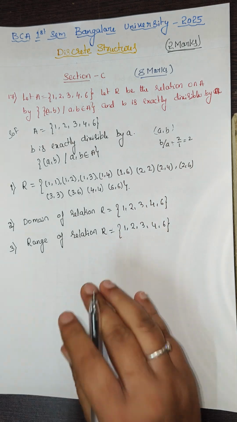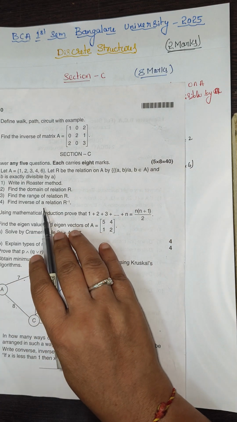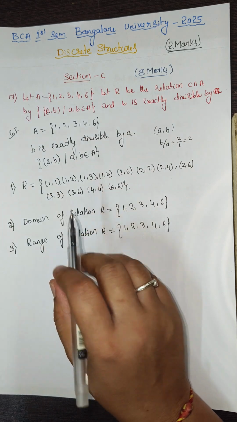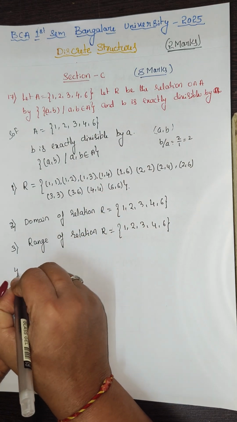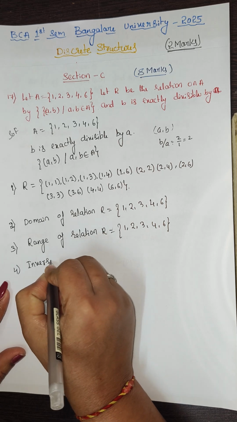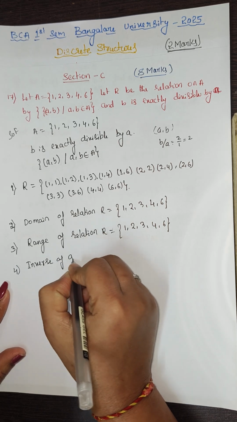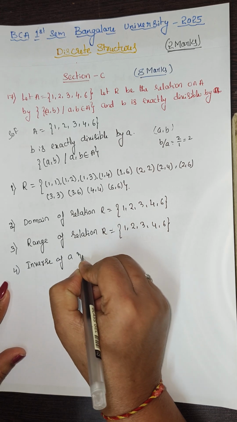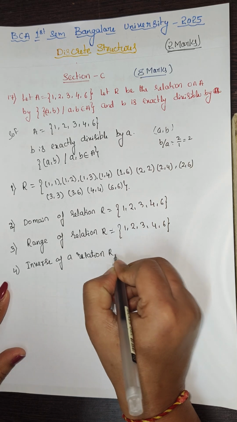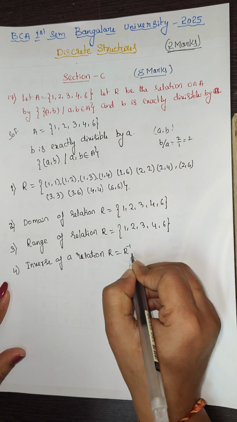Okay. Next they asked for the inverse of the relation R, that is R inverse. How to write this?